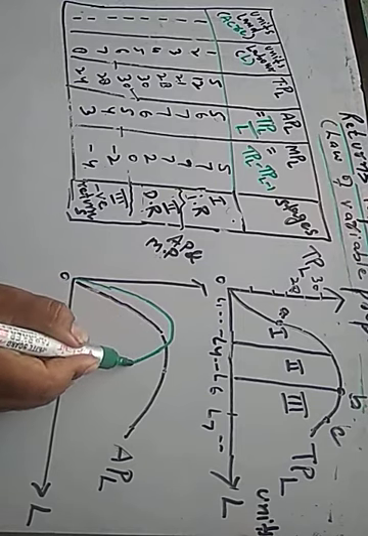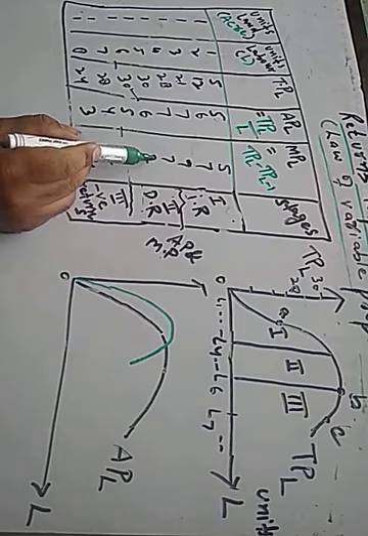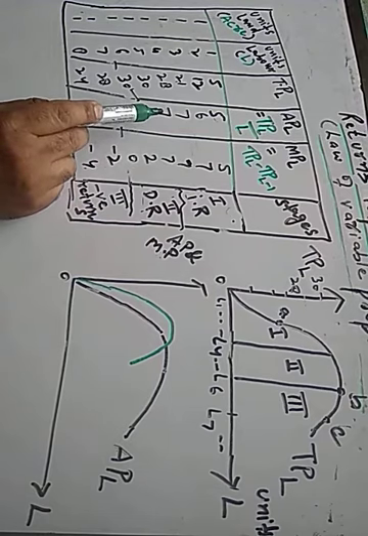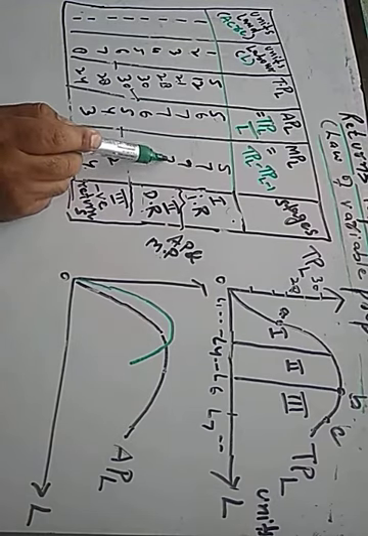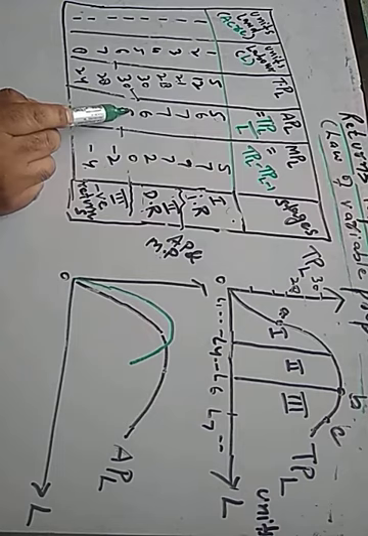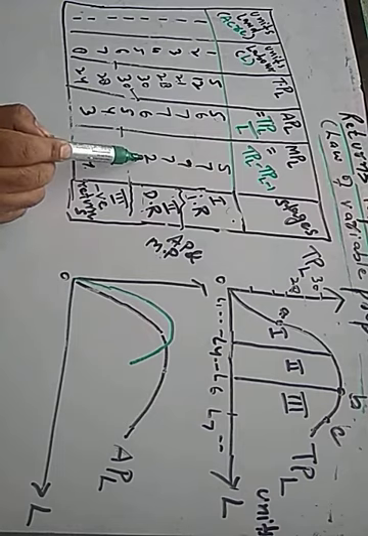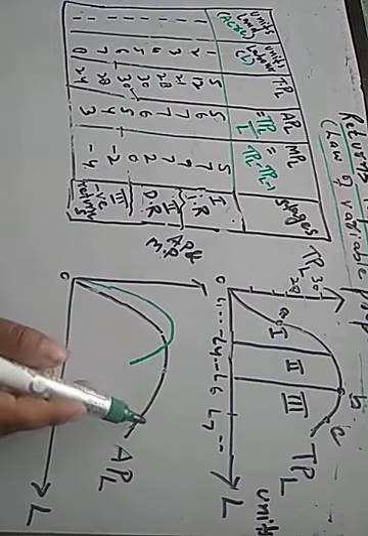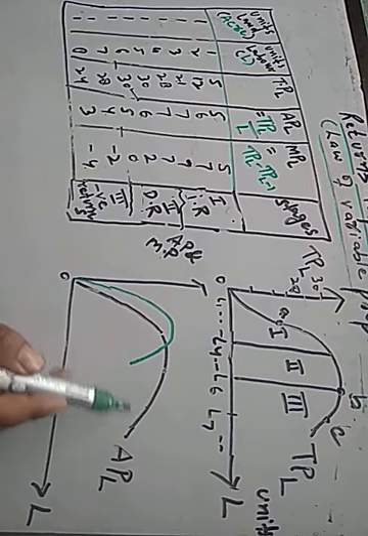And then in the second stage the value of marginal product of labor is less than the average product of labor. The value of average product of labor is greater than the marginal product of labor. Therefore, in the second stage, it will lie below this average product of labor curve.